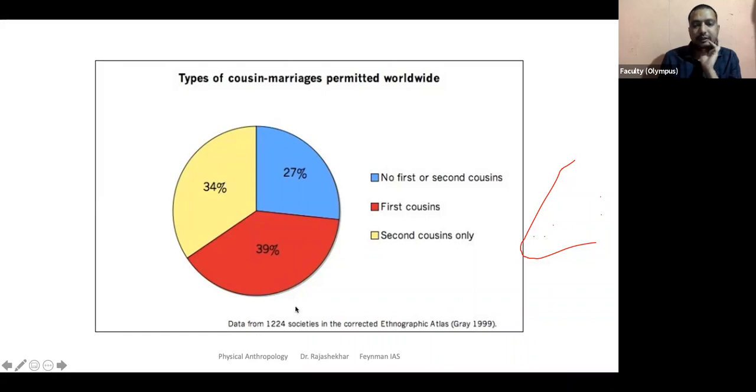This data is taken from over 1200 societies in the world. So first cousin marriages are 39% common as per this 20 year old study, and second cousin marriage is 34% common. The remaining is neither first nor second. Either you pick up this information, or I'm going to give you religious-based marriages as well.